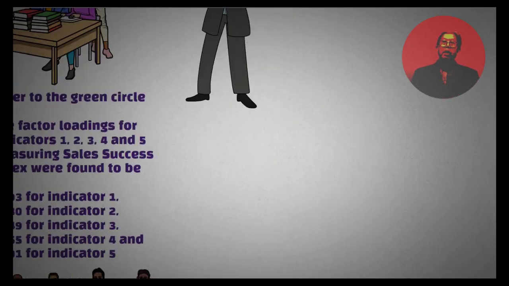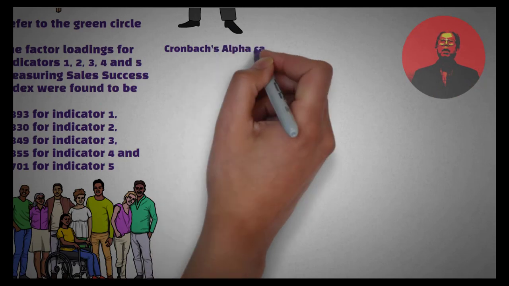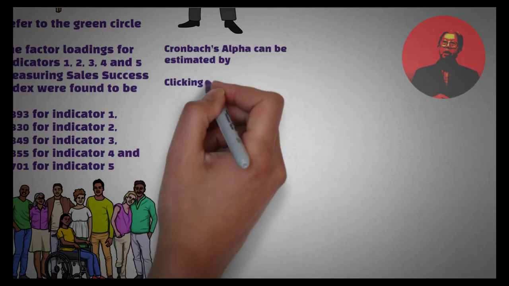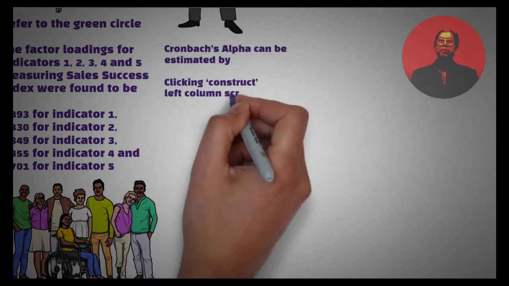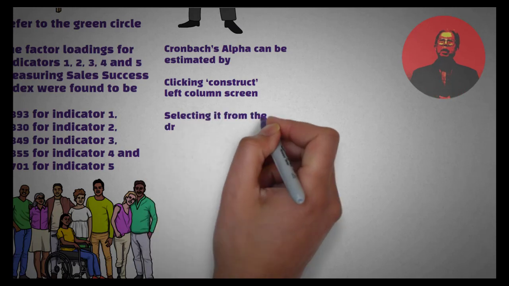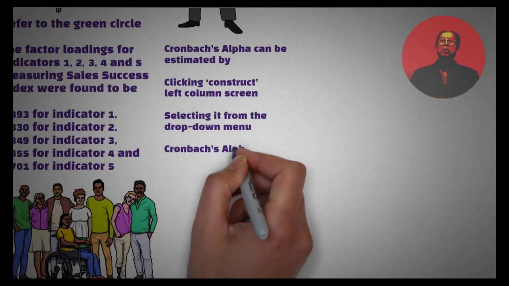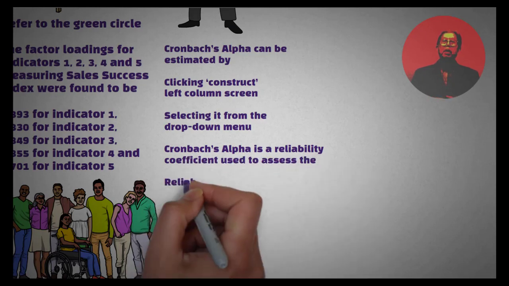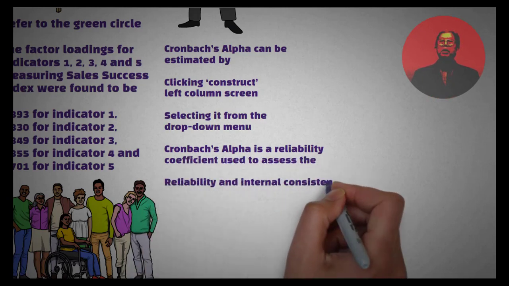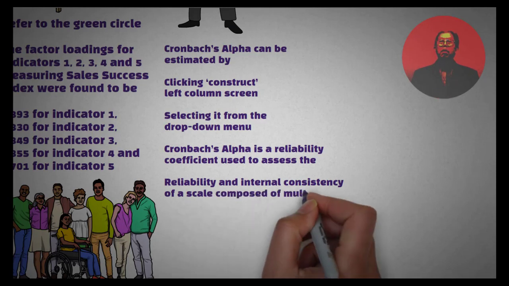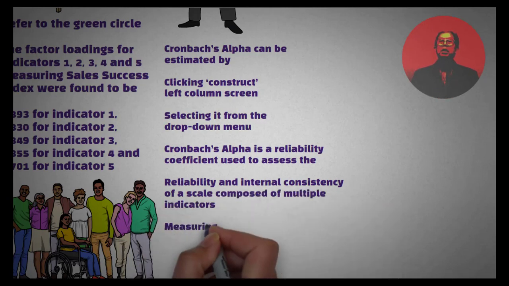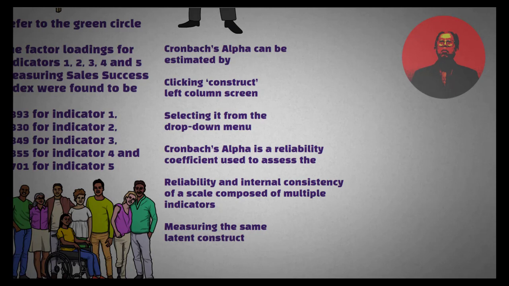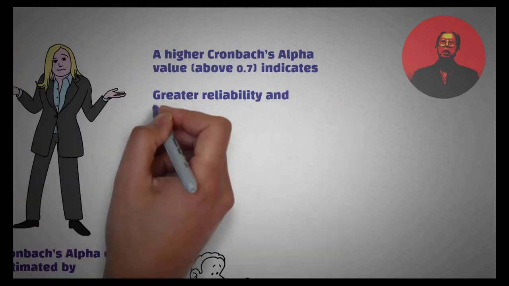Cronbach alpha can be estimated by clicking construct on the left column screen and selecting it from the drop-down menu. Cronbach alpha is a reliability coefficient used to assess the reliability and internal consistency of a scale composed of multiple indicators measuring the same latent constructs.